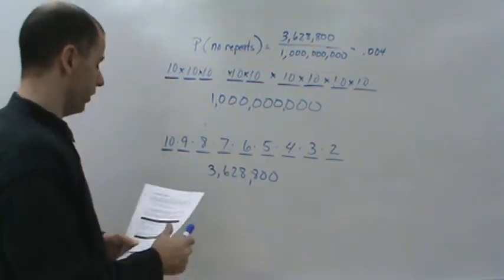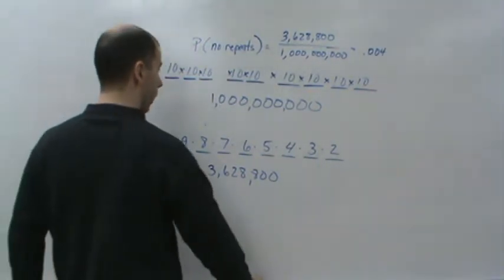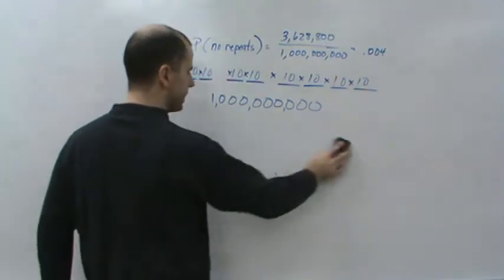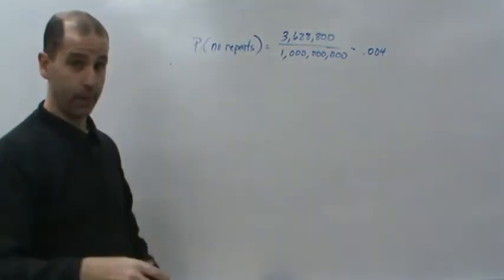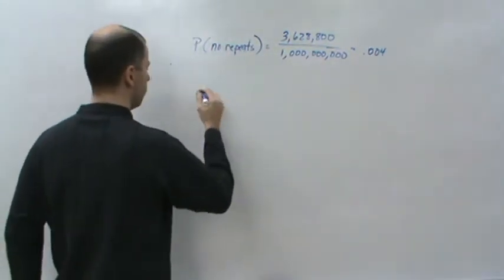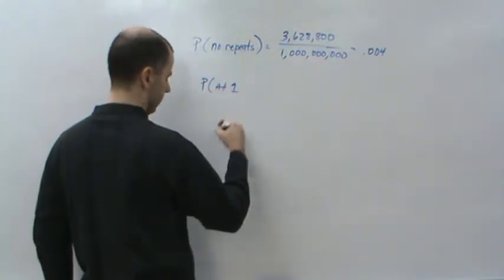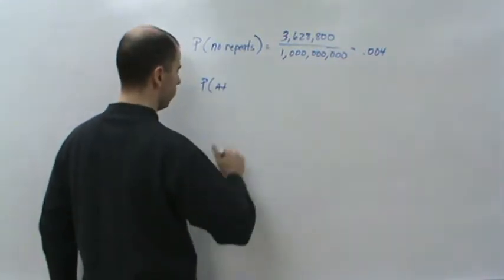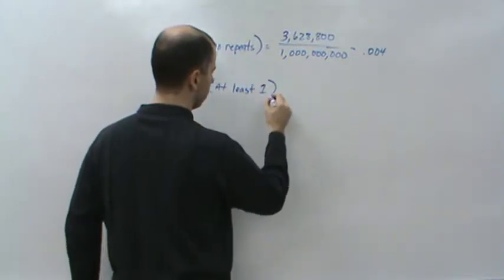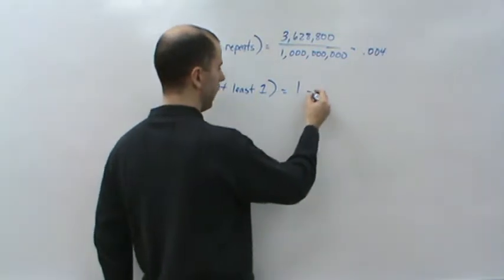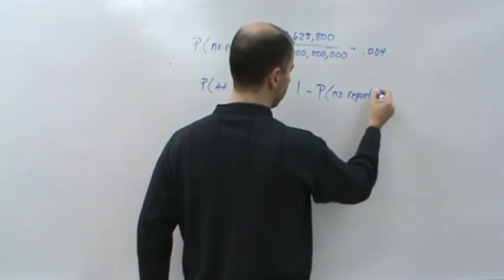Okay? So now, what about the probability of having at least one repeated digit? Well, we're going to use the complement rule, right? Anytime you hear the phrase at least one, you should be thinking the complement rule. So if I want the probability of having a Social Security number with at least one repeated digit, then I'm going to use the complement rule, which is 1 minus the probability of no repeated digits.